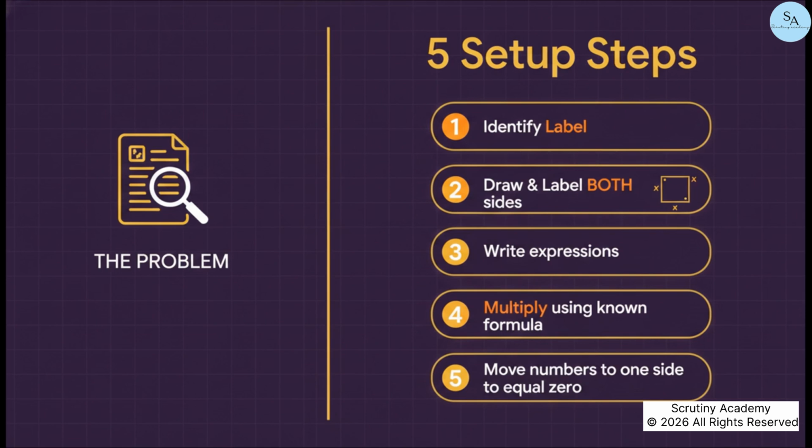Actually drawing it out literally saves you from the most common mistake of forgetting to add or subtract a border twice. Third, write out simple expressions for your length and width using your drawing. Fourth, multiply those expressions using a known formula, like area equals length times width, and set it equal to your given total. And fifth, expand the math and move all the numbers to one side to equal 0. If you follow these 5 steps, I promise, the problem practically solves itself.